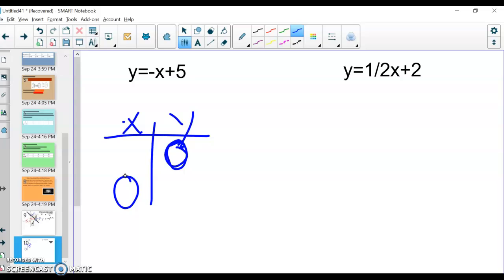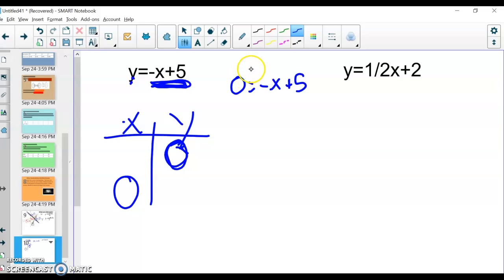Now we just substitute these numbers into that function and solve it. Let's do that first one. Here it says y equals 0, so take this y in that function and make it 0. So we'll have 0 equals negative x plus 5. Notice nothing here changed because my y is the only thing that's 0.